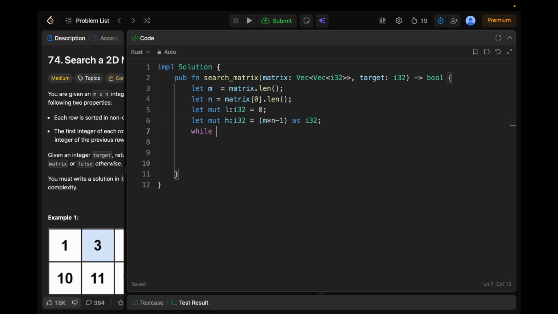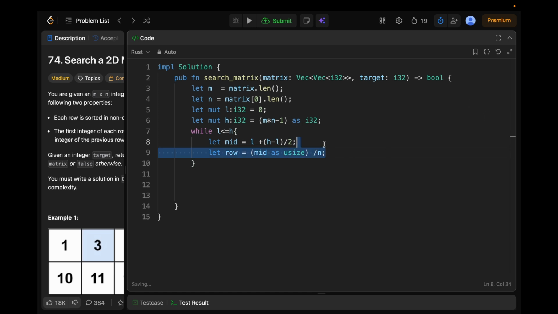I run a while loop, so while my low is less than or equal to high, I calculate my mid. So my mid will be low plus high minus low by 2, and let my row and column, so my row is equal to mid as usize divided by n.